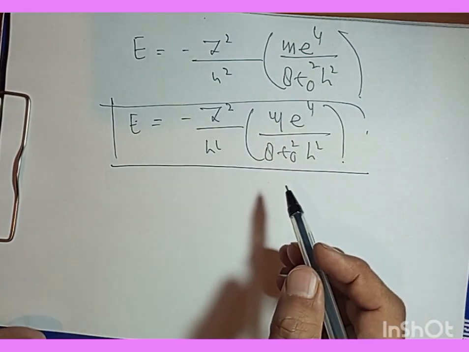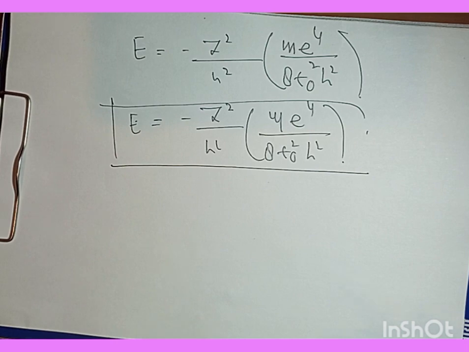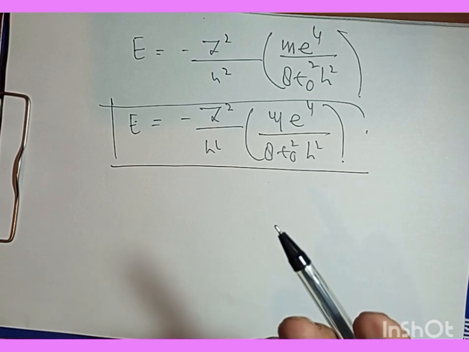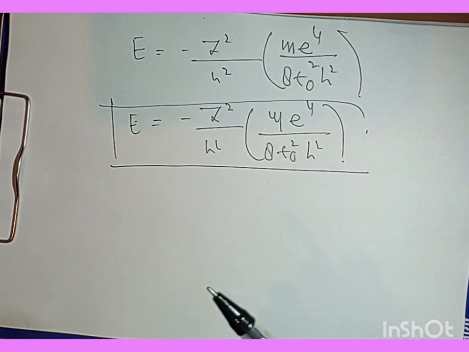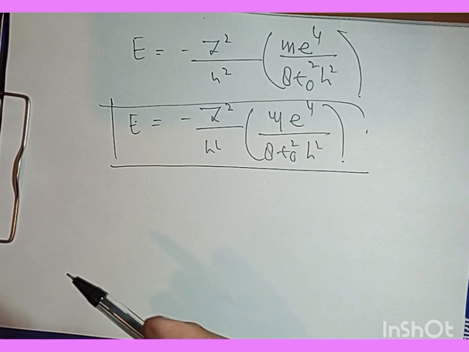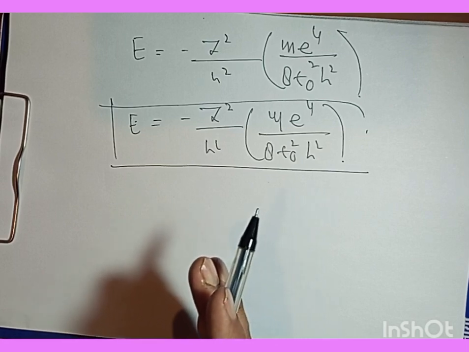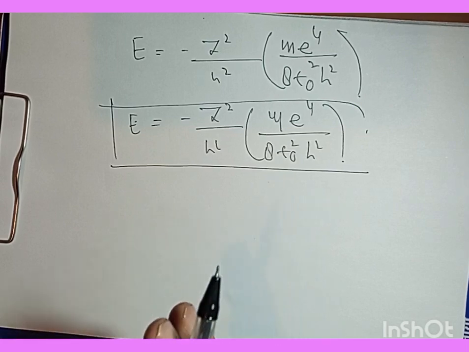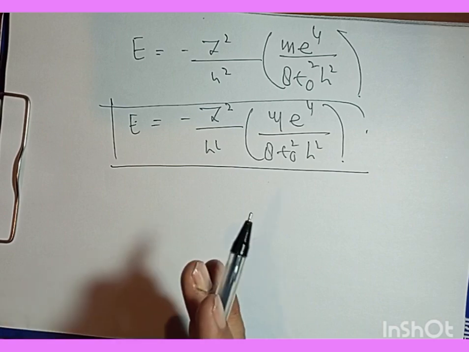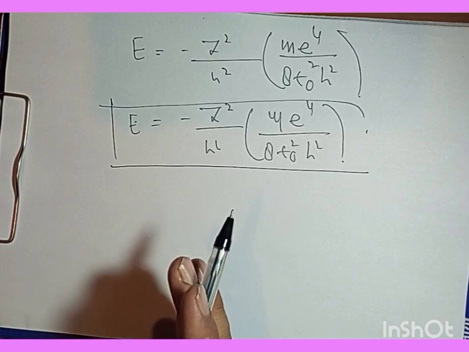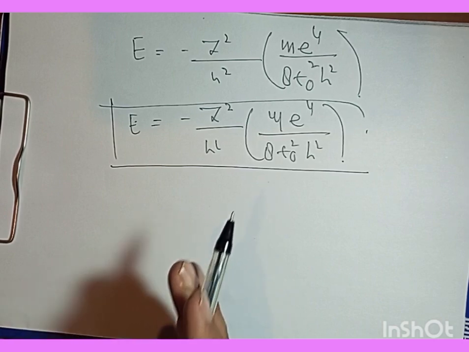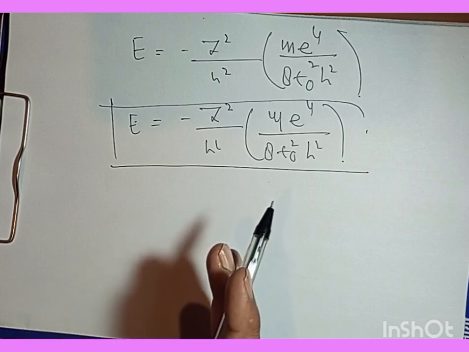All right, so what could we expect from here is that the Rydberg constant that we had calculated for hydrogen atom or hydrogen-like atoms is not going to be the same now. It's going to have different values for different atoms because now we are assuming finite nuclear mass.